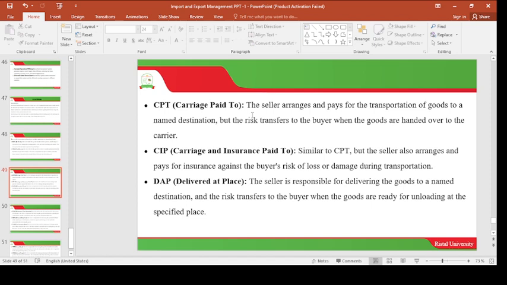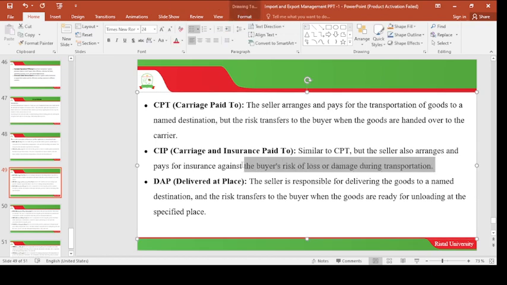If you have ever imported goods like used cars from Japan, you will find some of the invoices are attached with this kind of international term or Incoterm. Others say carriage and insurance paid to up to Mombasa. So it means that the transportation and the insurance are paid up to Mombasa.